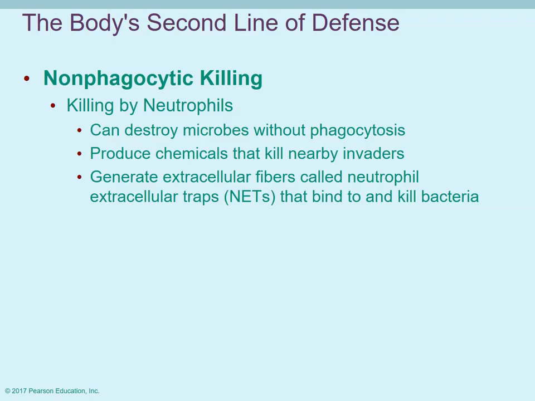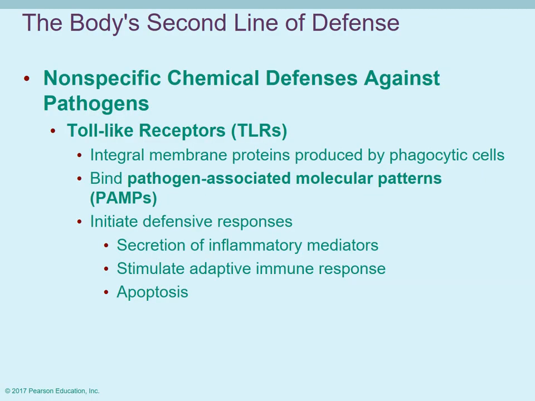Neutrophils can also produce chemicals that are going to be killing abnormal cells around them. There are some other chemical defenses, and they involve what we call toll-like receptors, or TLRs. Once again, this has to do with different proteins on the surface of the membrane.